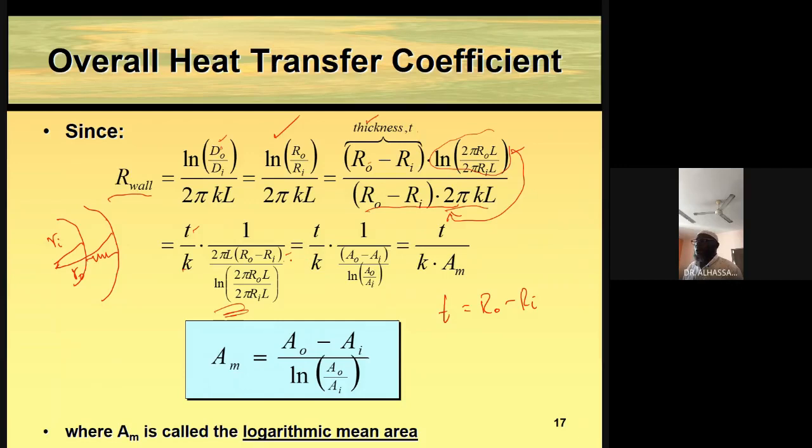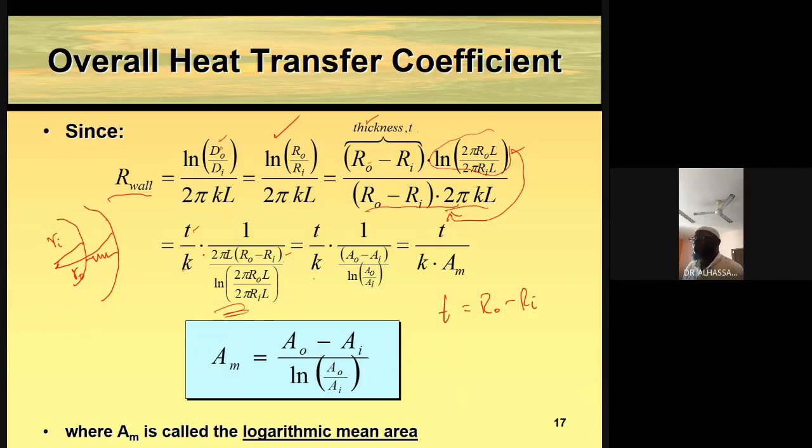Okay, so now again this equals T divided by K times 1 over, now instead of radius, we shift back to area. You understand? So the outer surface area minus the inner surface area. As long as the radius is the only thing which changes, pi is constant, and the length is the same, so we can switch between the radius and the area in this way.